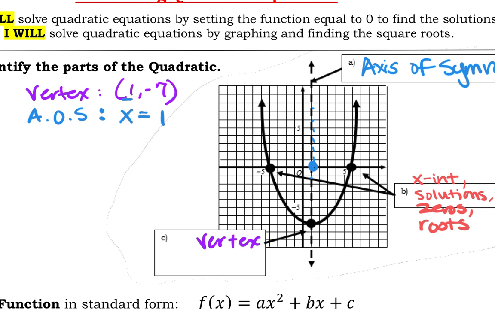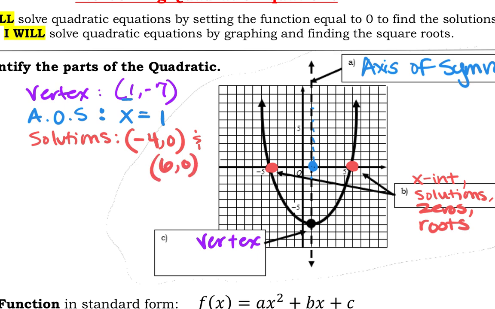Where are the solutions? He says -4, so I'm going to write -4, 0. And what's the other one? Where's the other one at, Brock? The other one is at 6, 0.